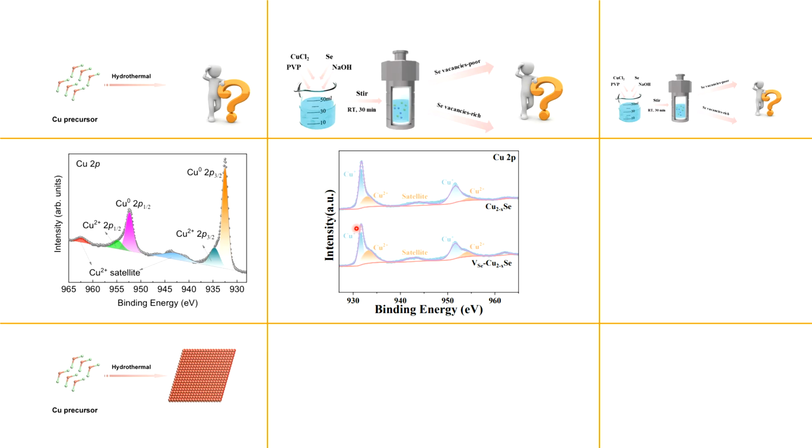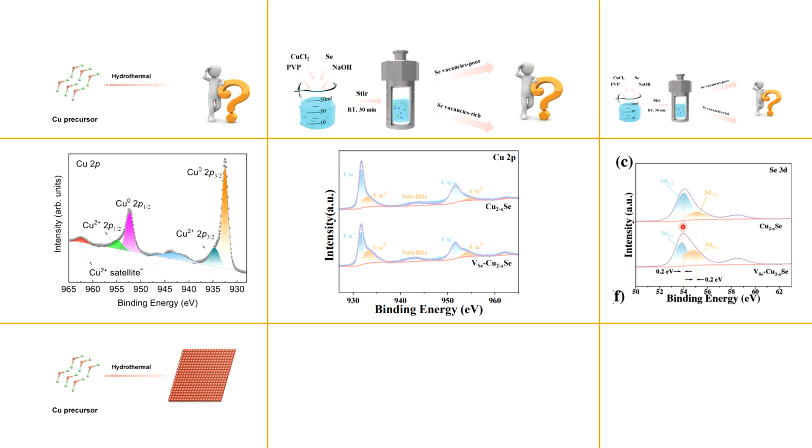It means that the copper's neighboring environment should have something which is forcing the copper to have the +1 oxidation state. And as we use the selenium metal atom, we can of course estimate, or have a guess, that selenium is present in the surrounding. And of course, since selenium is there, we will look at the selenium XPS spectra also to exactly estimate our structure.